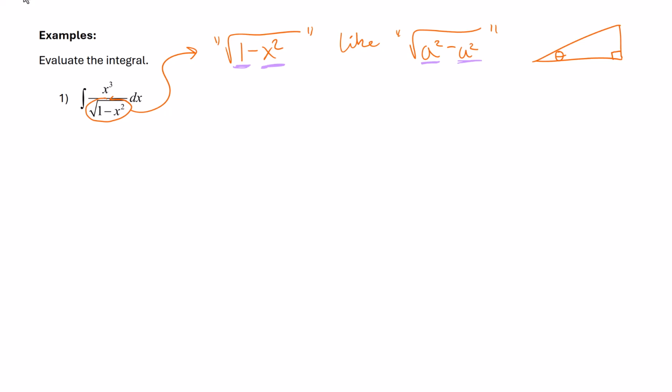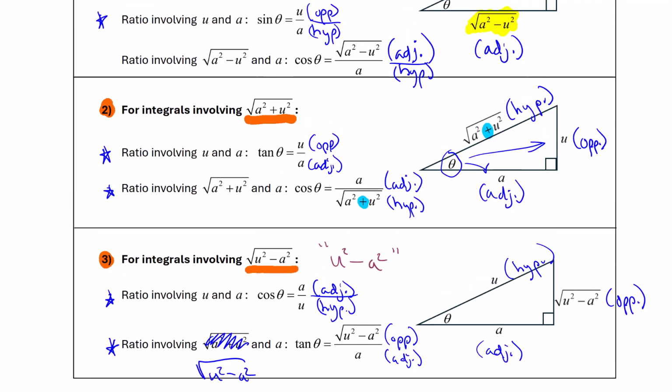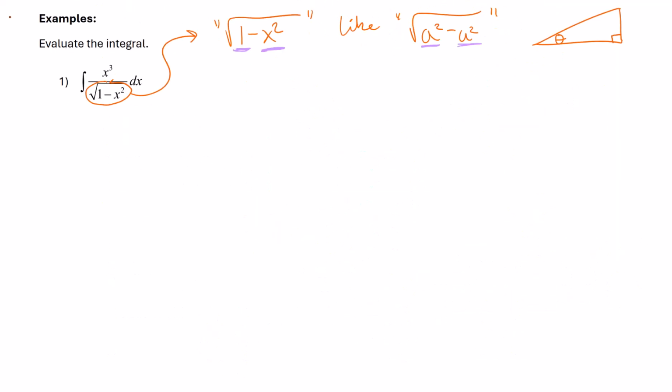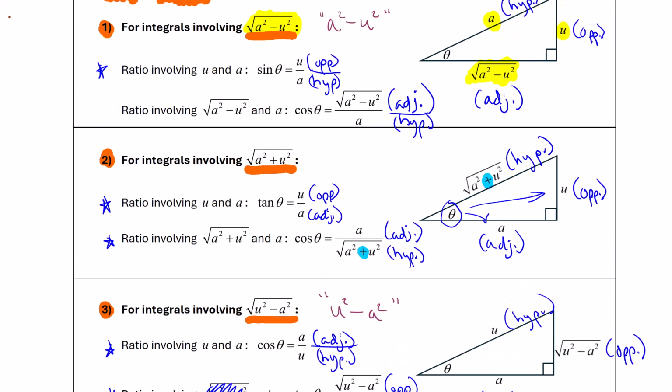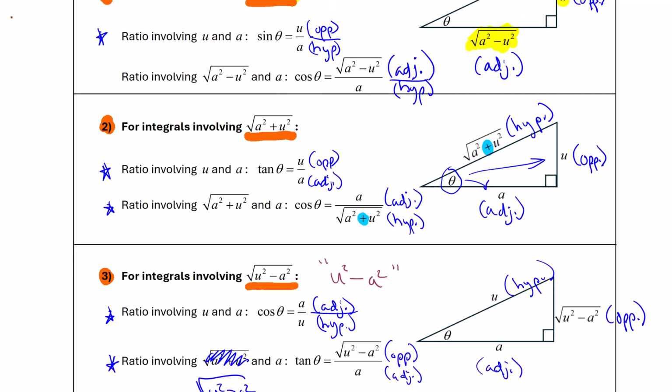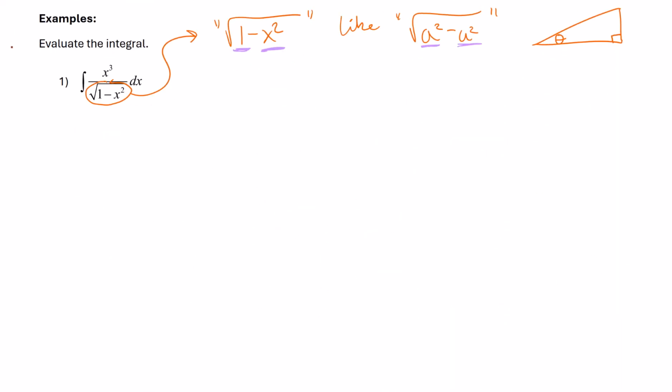Now, if you're just getting used to the models above, you may be looking at them and just using the u and the a, and that's okay. In this case, since we have the constant term first, a squared minus u squared, we're actually in model number 1. Let's take note of that and then try to draw it accordingly. So let me note here, this is model number 1 above, and I'm going to highlight that just so we can keep that in mind. That's important to recognize.